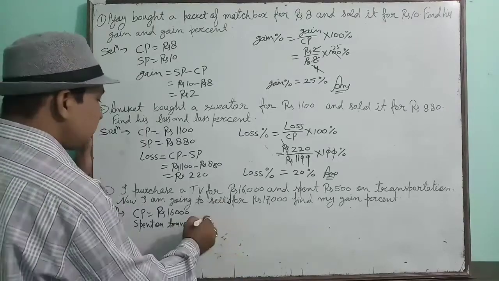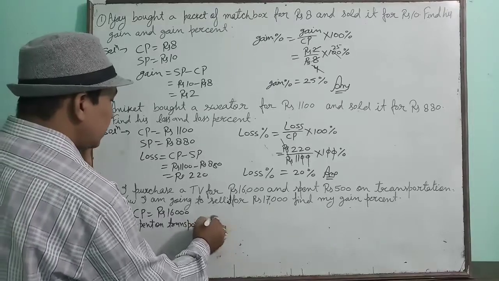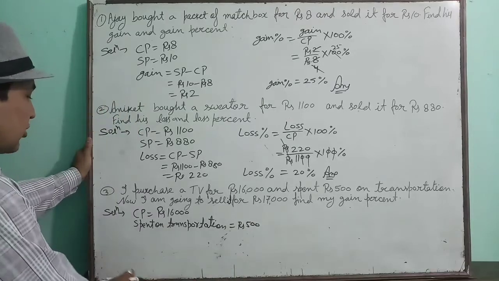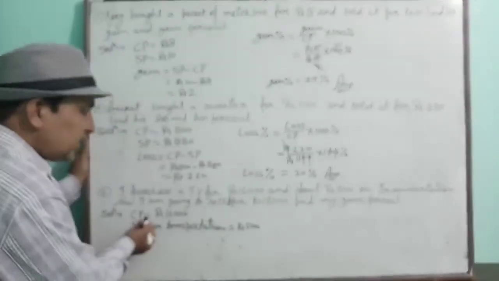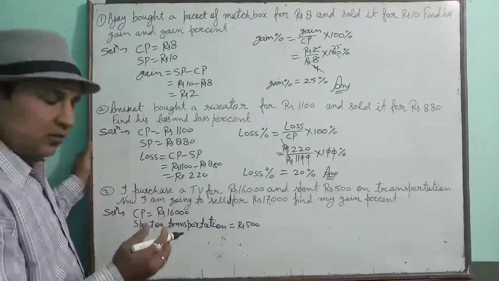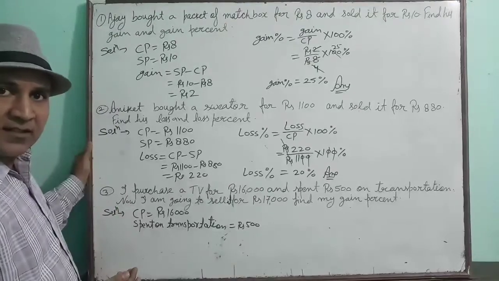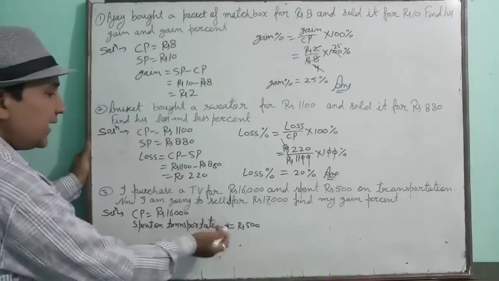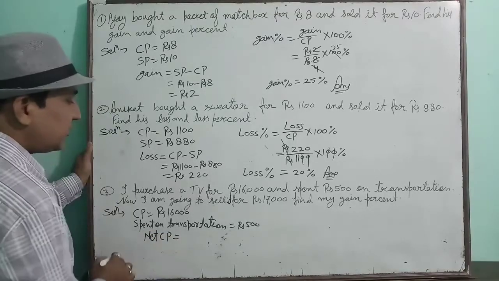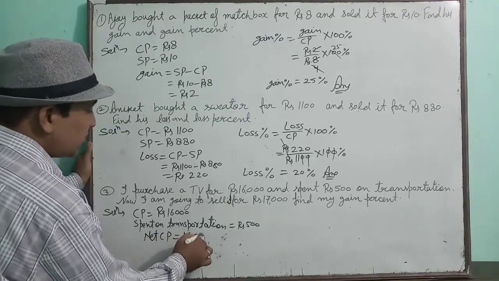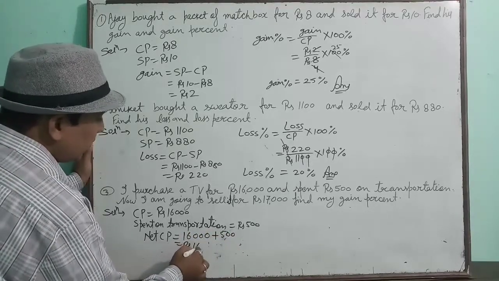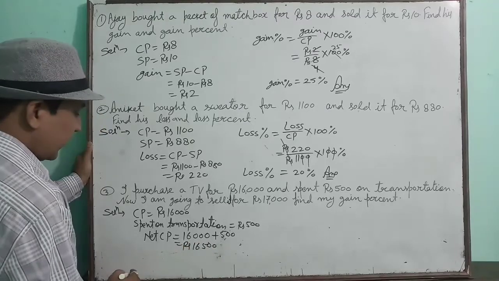is rupees 500. Now children, we know that if with the cost price something more is spent, either in transportation or for accessories or for repairing, then that money is added with cost price and then we get the net cost price. Net cost price is 16,000 plus 500, means rupees 16,500.